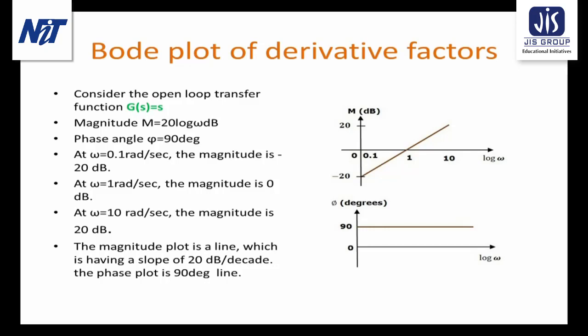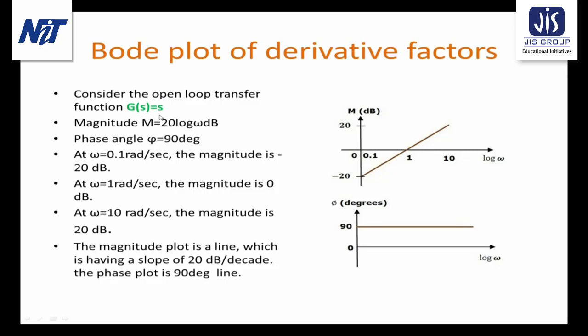So this one is the Bode plot of derivative factor, and here I have considered that only one zero is located at the origin. Now it is possible that there are multiple zeros at the origin. So if we consider there are two zeros, then this G(s) will actually be s square. That means s to the power n.